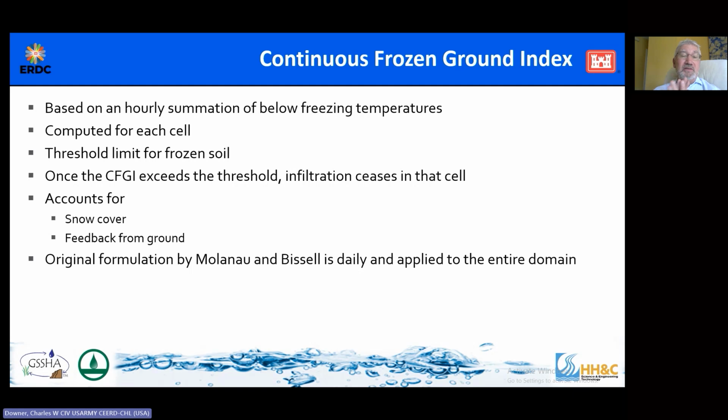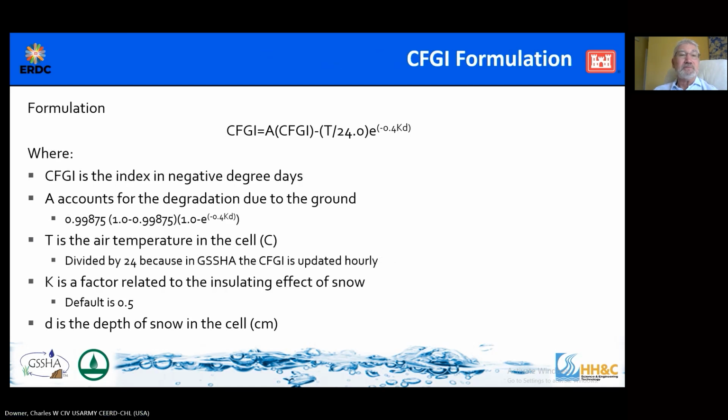Originally, this method came from a couple of guys. They applied it daily, basically for an entire watershed. We're looking at a cell-by-cell basis, and we found we got better results if we used hourly instead of daily temperature.